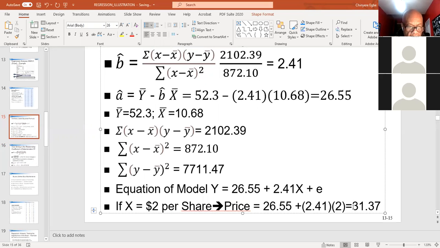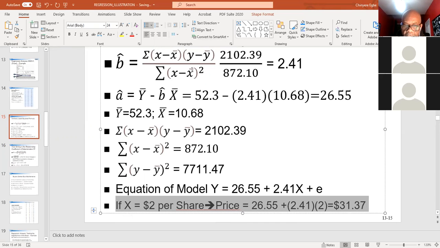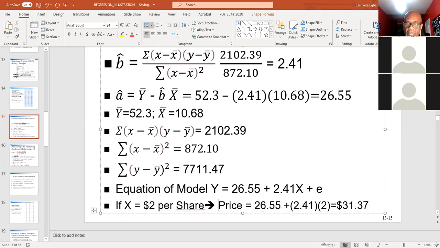Professor, what about E? What about the variable E? The variable E is an error. It's an unknown error. You get the point? The variable E is an unknown error. This is why you don't have it there. You find E by going back to the original data, and you get E for each observation.